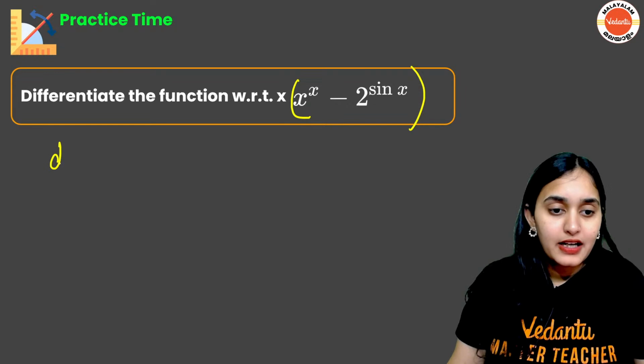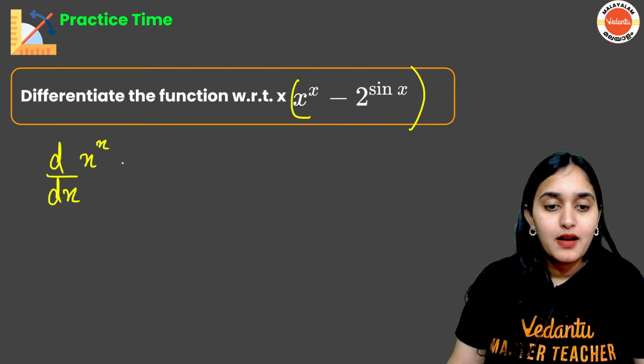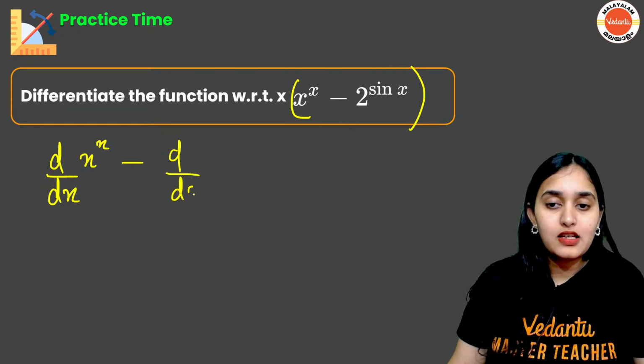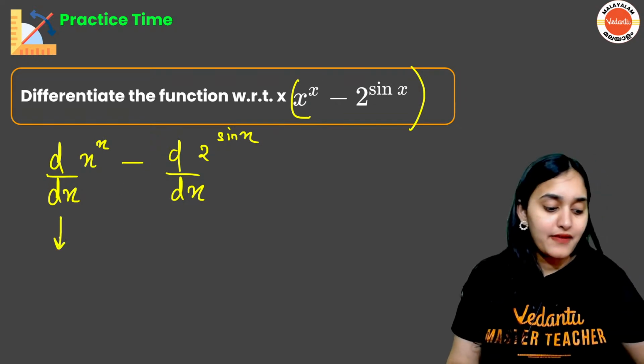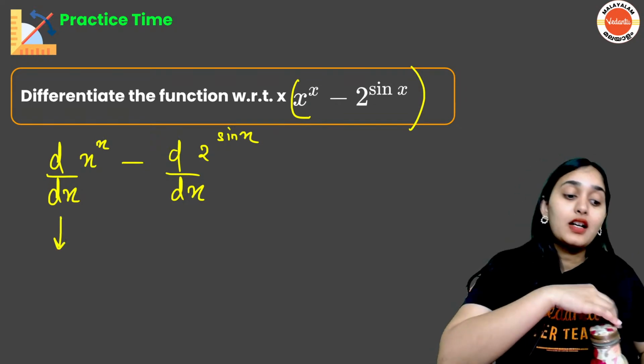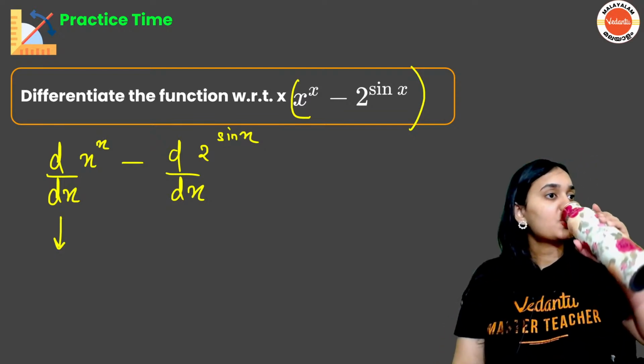It will be differentiation of x to the power x minus differentiation of 2 to the power sine x. Now what is differentiation of x to the power x? Just now we have derived it and we know the formula also.